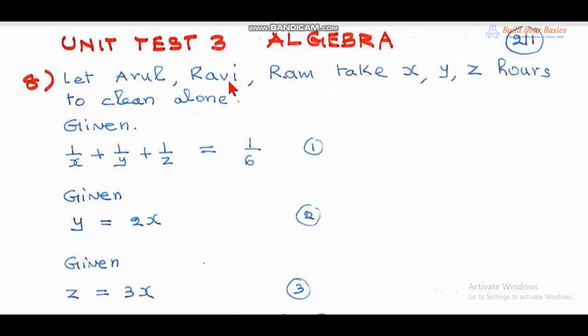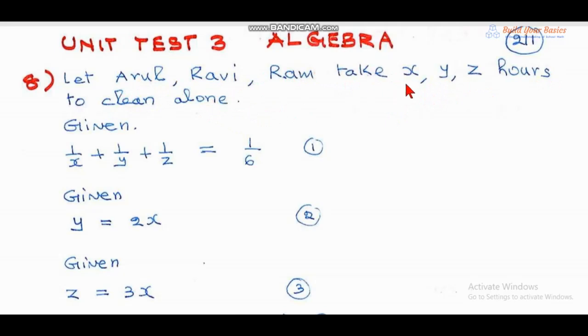So Arul, Ravi, Ram. We have to find how long it would take if each of them work alone. Let us assume that Arul, Ravi, Ram take x, y, z hours to clean all alone.